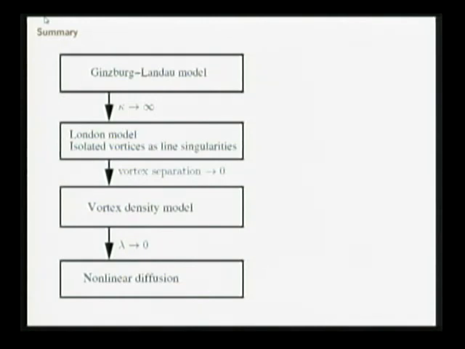So you have this hierarchy of models on different length scales. Here you would be interested in the length scale of a vortex core. This is on the length scale of a few vortices. This is many vortices, and then this is when you're much bigger than the penetration depth.